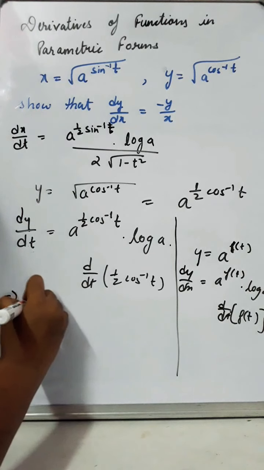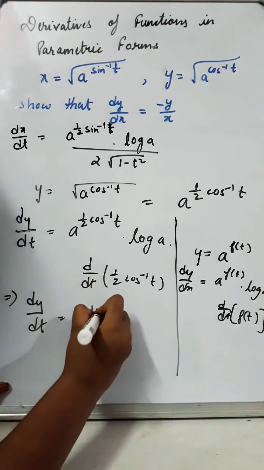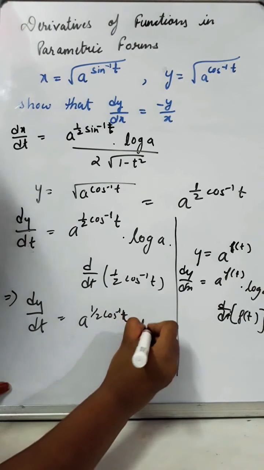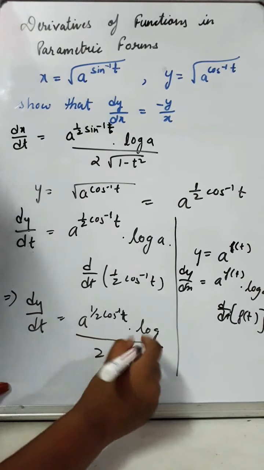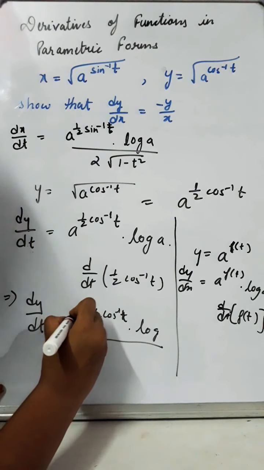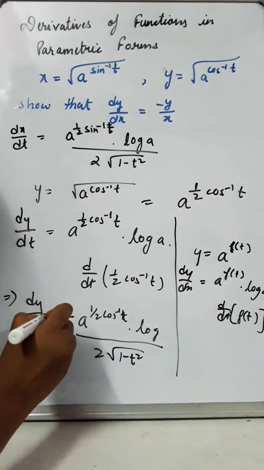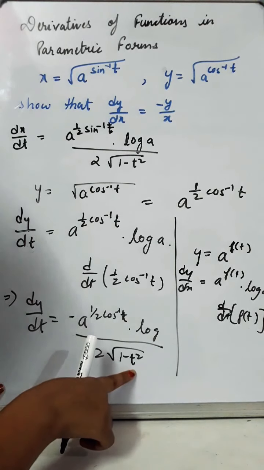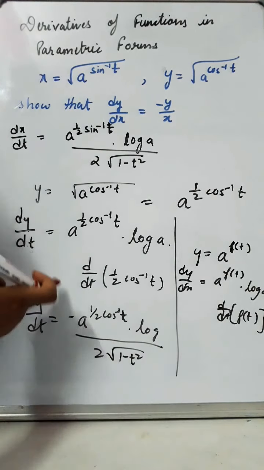So dy dt is equal to a to the power 1 by 2 cos inverse t log a into the derivative of half cos inverse t, which is minus 1 upon under root 1 minus t square, right? So this is your direct formula of cos inverse t, minus 1 upon under root 1 minus t square. Done. So this is your dy dt.